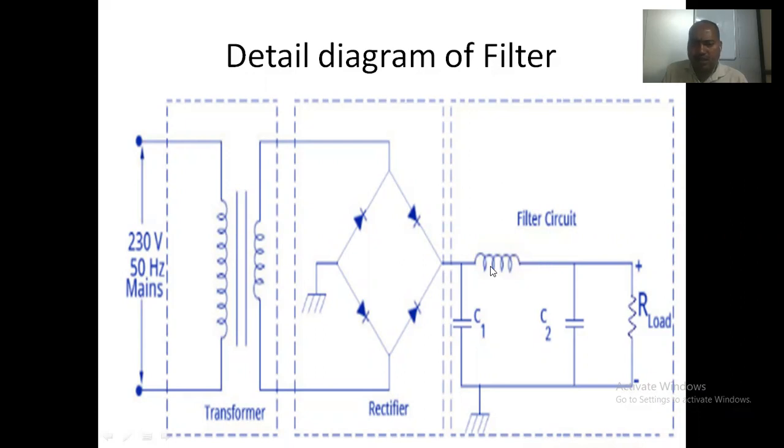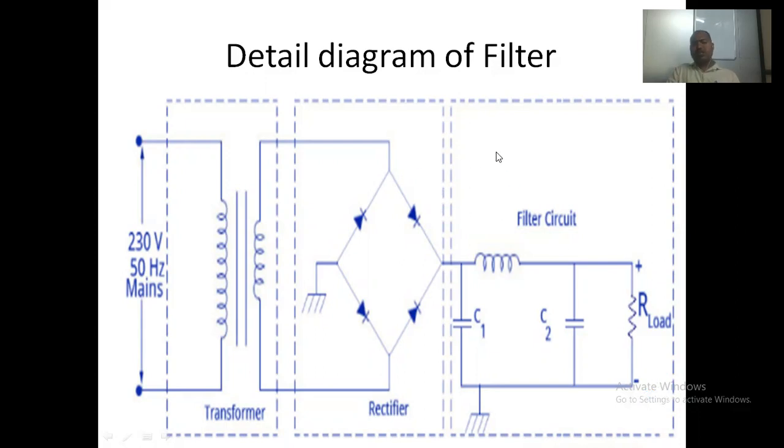This inductor and capacitor are not perfect devices, so if it still contains some AC ripple, the remainder is passed over C2, and we get about 99% pure DC output across your load. This is the detailed diagram of the filter with respect to the positive half cycle.